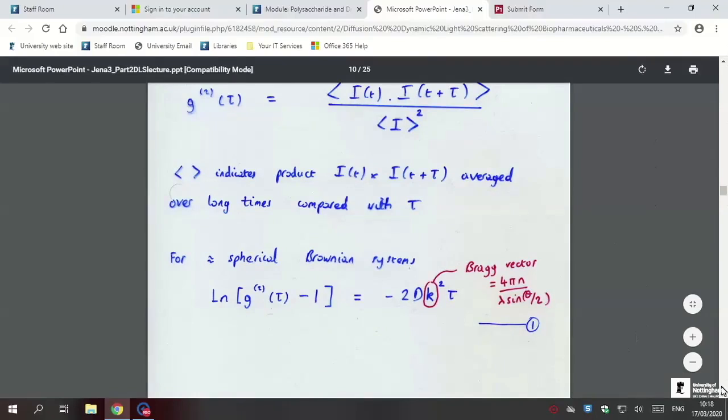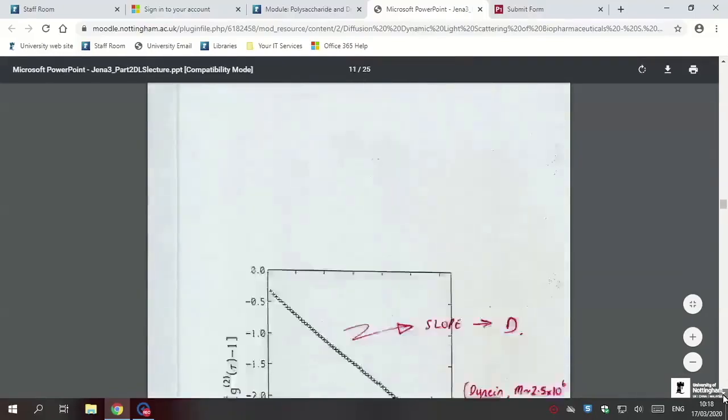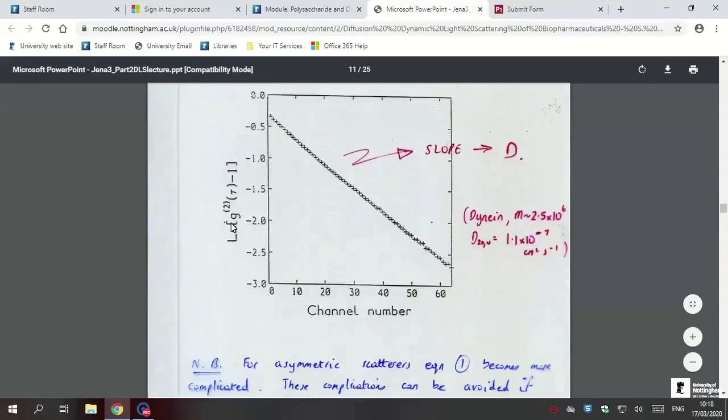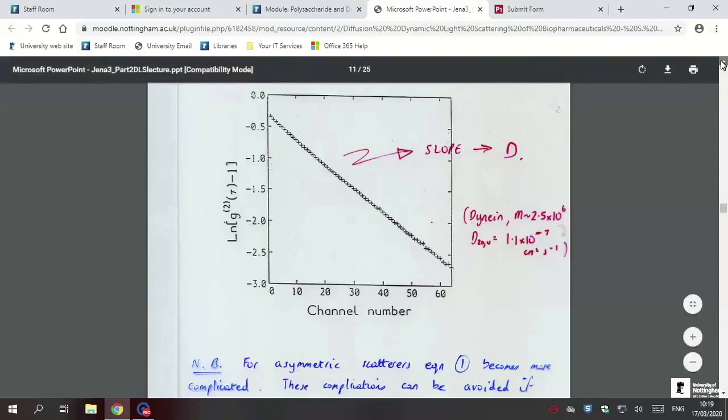And what you do is you plot this, where are we? The log of this correlation parameter, minus 1, against this channel number. And when we did this experiment years ago, you can see that we had 64 channels, so we had the cheaper range instrument then, but it was absolutely fine.